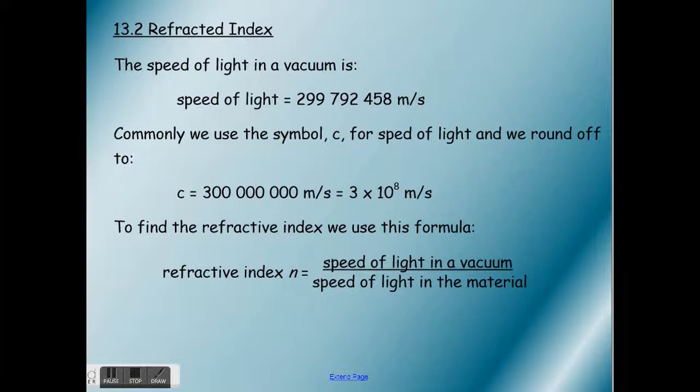But with questions like this, normally you're given either the speed of light or the refractive index, and then you can find the other. The formula is fairly straightforward: n equals c over the speed of light in our material.